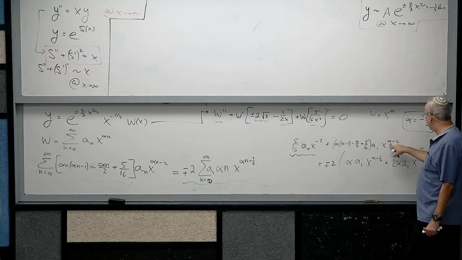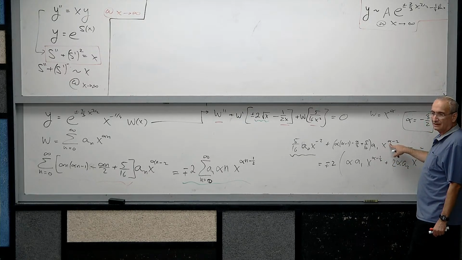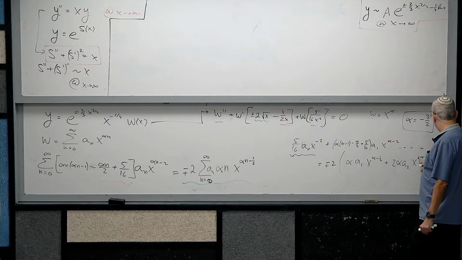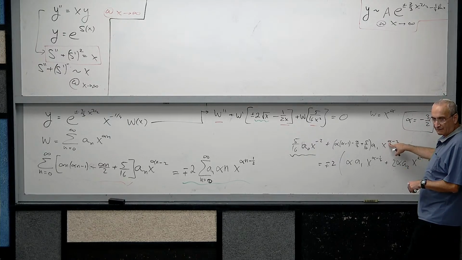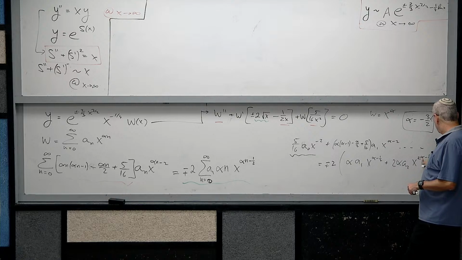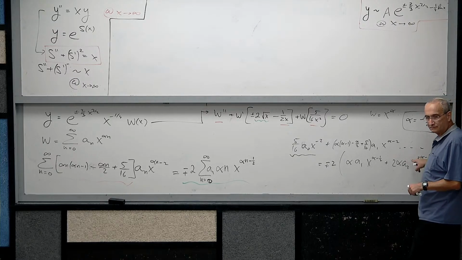This is x to the minus 7/2. This is alpha minus 2, so it's 3/2, 5/2, 7/2. So it'll be 7 halves. This one will be 2 alpha, which is 6/2, so 7/2, and so on and so forth. That's the right way of doing that.